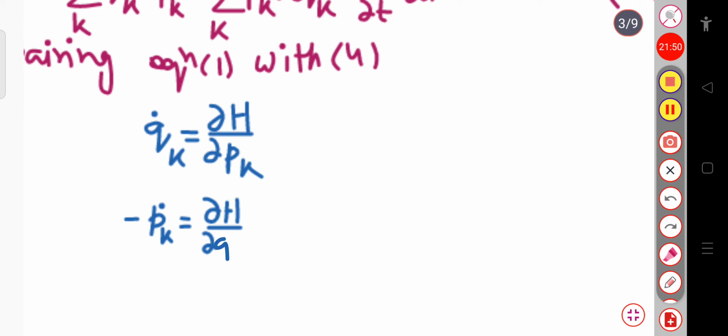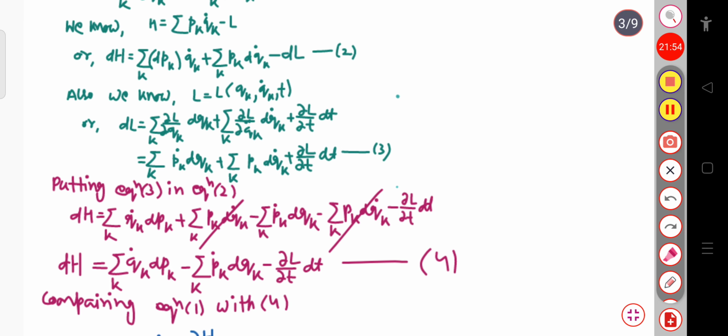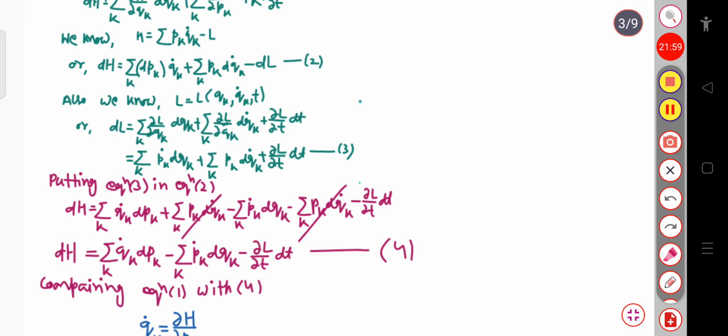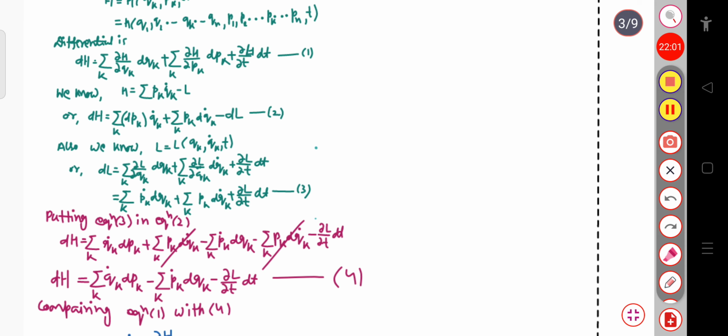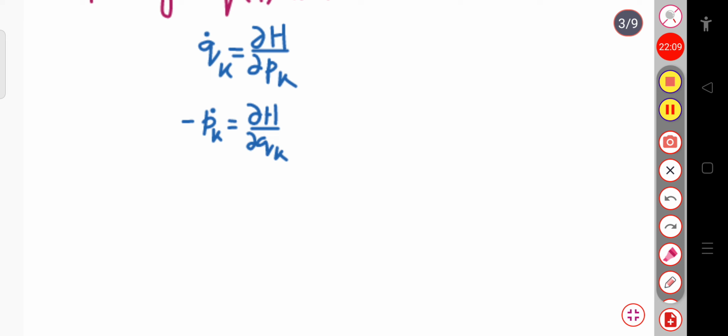And finally, the dt coefficient, that is dou H by dou t, will be equal to minus dou L by dou t. You can see here this equation 1. So dou H by dou t will be equal to minus dou L by dou t. Now we can write minus dou L by dou t will be equal to dH by dt.